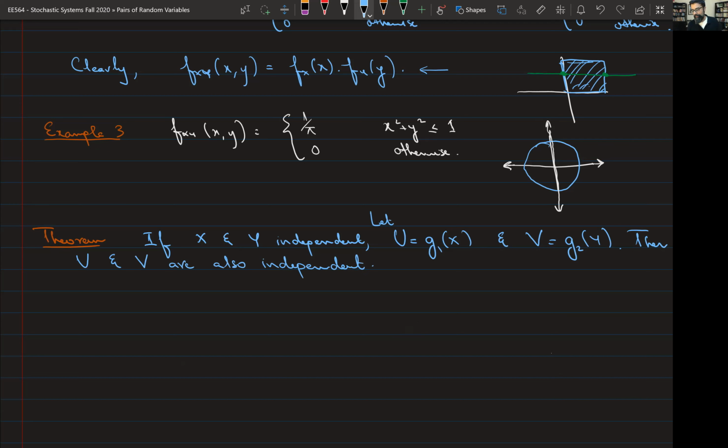That's what the theorem says. I'm going to skip the proof. There's another theorem here, and the proof for that is quite simple, and we're going to do it.